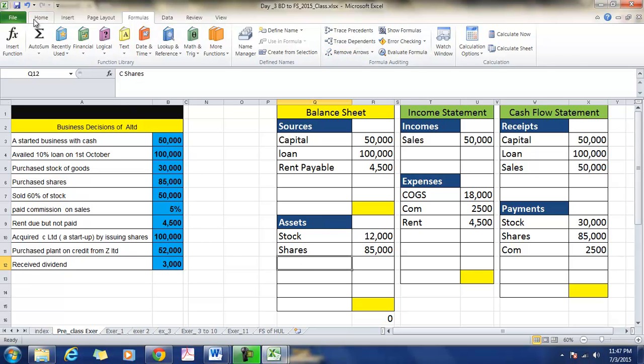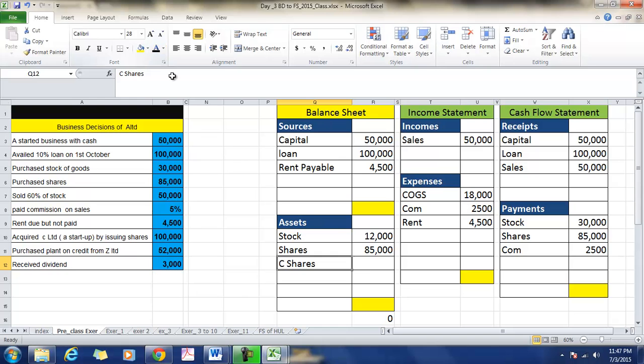Acquired C shares. So that means we acquired an asset, but not by paying cash, but by issuing shares. So my capital will increase to the extent of the acquisition of the shares. No cash flow, but increase in capital.